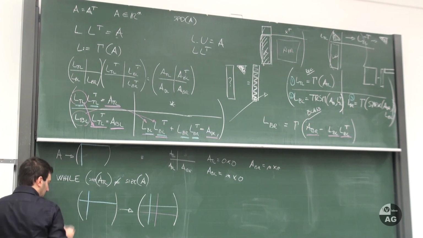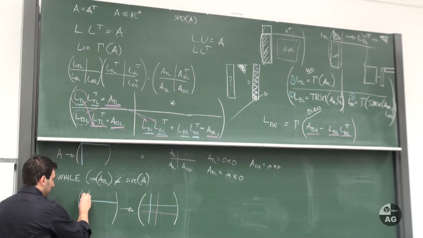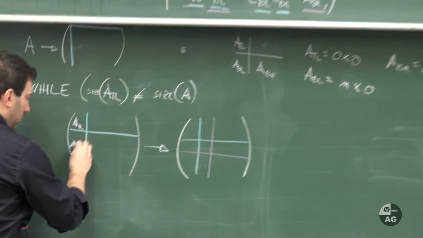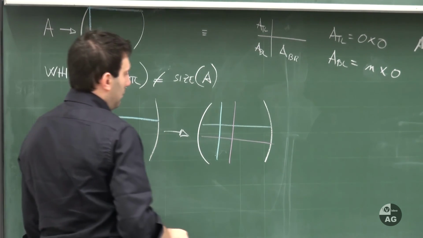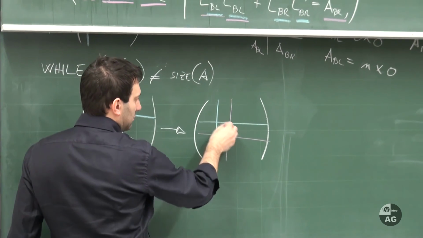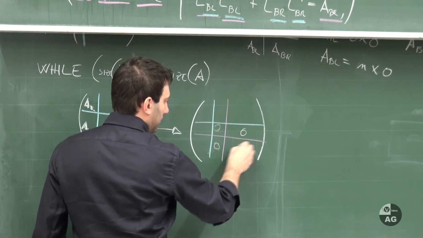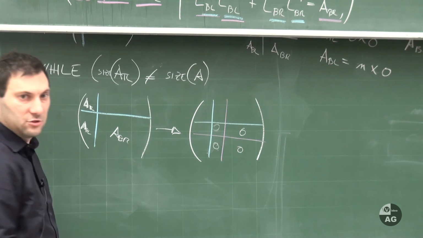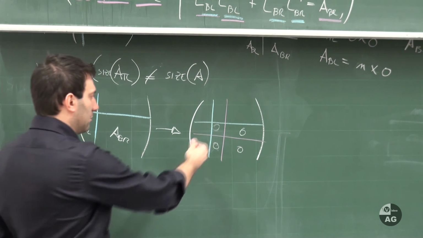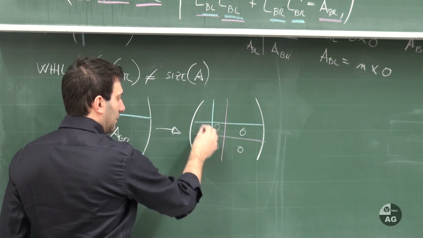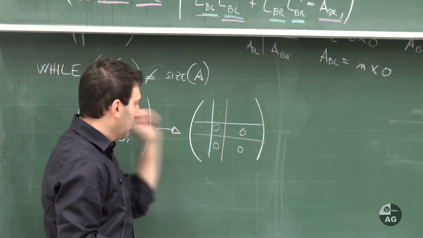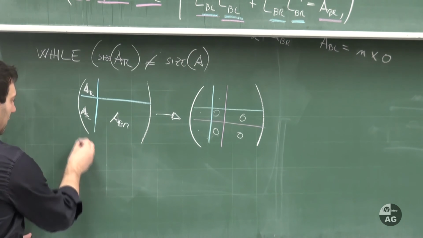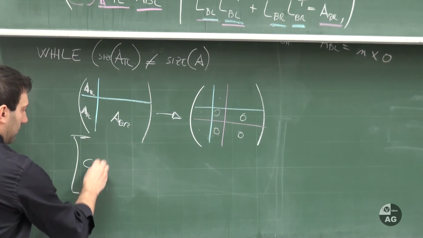This is A top left, A bottom left, A bottom right. I am exposing pieces, parts of the matrix, so that I can do some computation over here. And then I can move this blue line forward. So down here there will be computation.